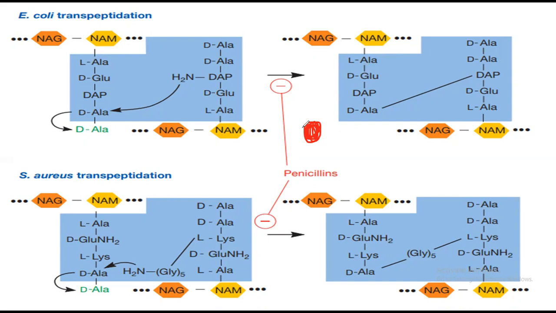Penicillin binds with this enzyme, and it does not allow the enzyme to perform its basic and real function. So when it is not performing its function, there will be no pentaglycine ring, there will be no transpeptidation. And I am telling you again and again that transpeptidation is very important for the integrity of the peptidoglycan layer.